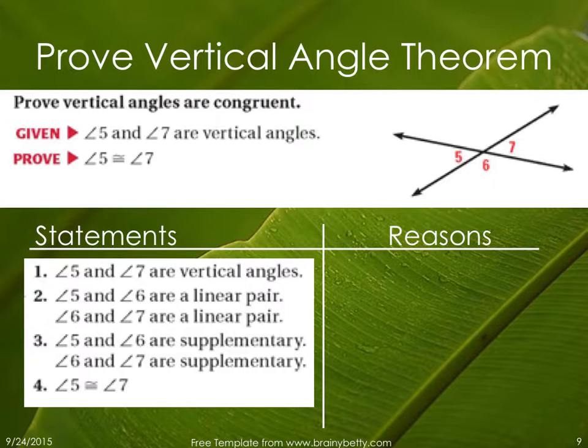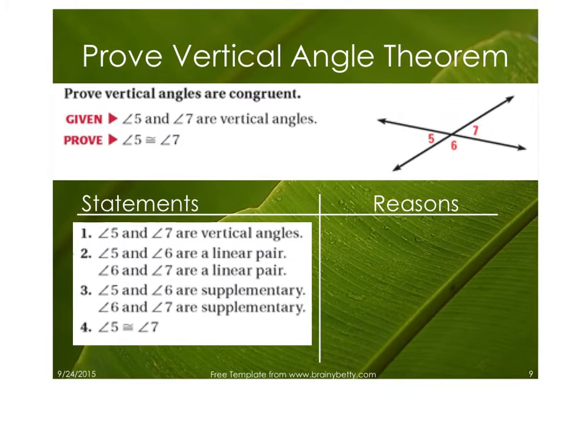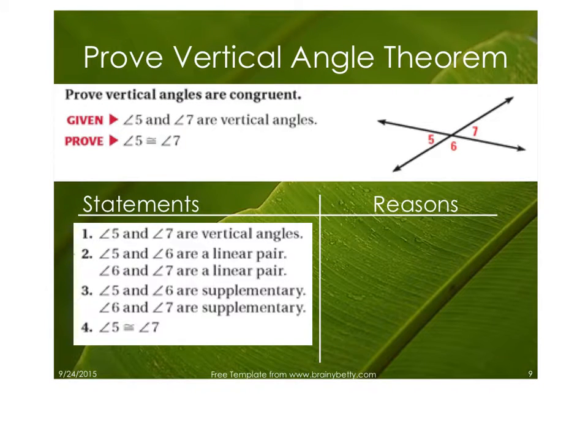Okay, so now we're going to prove the vertical angles theorem. Again, once we do this proof for the theorem, we wouldn't have to do it again. So our given information is that 5 and 7 are vertical angles. We need to prove that they are congruent angles, that 5 is congruent to 7.